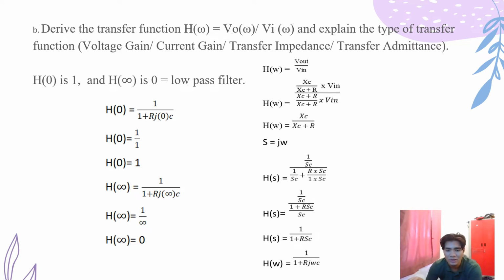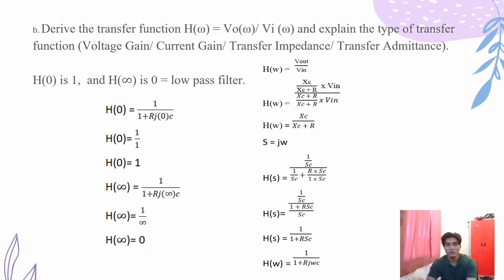So what is left is 1 over 1 plus RSC. If we want H(omega), we just convert S into j omega, as we know S equals j omega. So the formula of H(omega) is 1 over 1 plus R j omega C. Then we divide into two categories. The first one is H0.